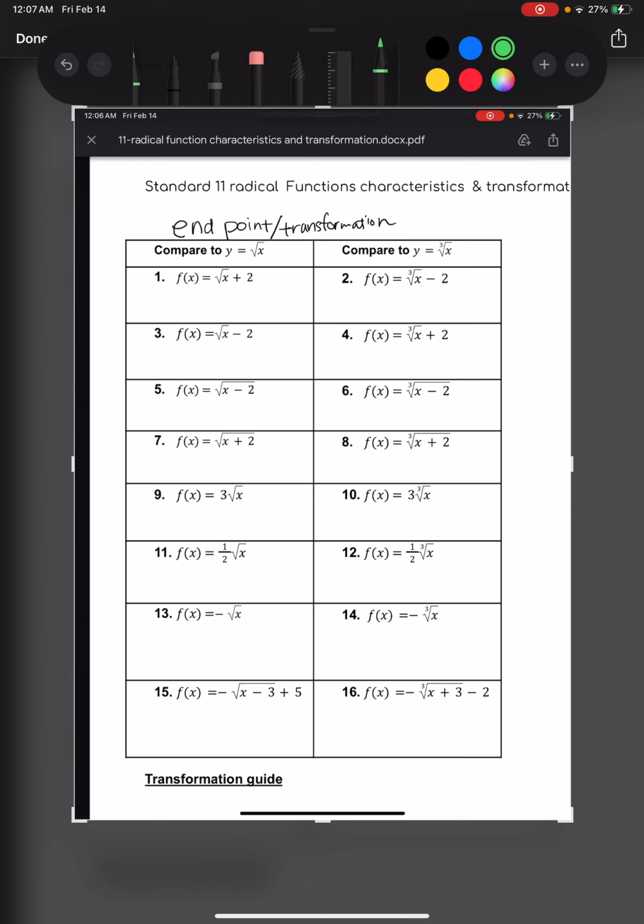Right side, you're going to describe midpoint and then transformation.